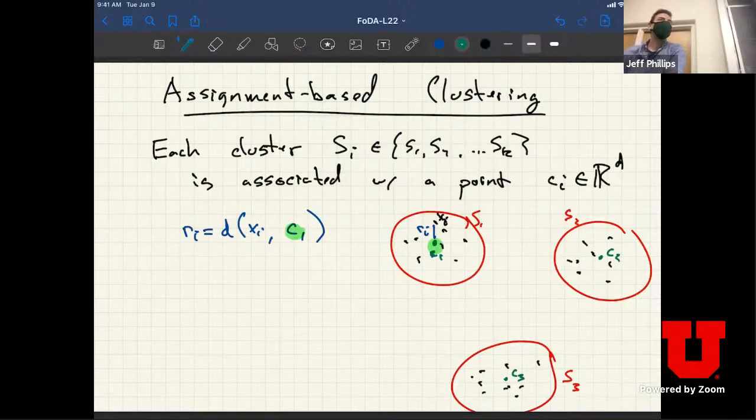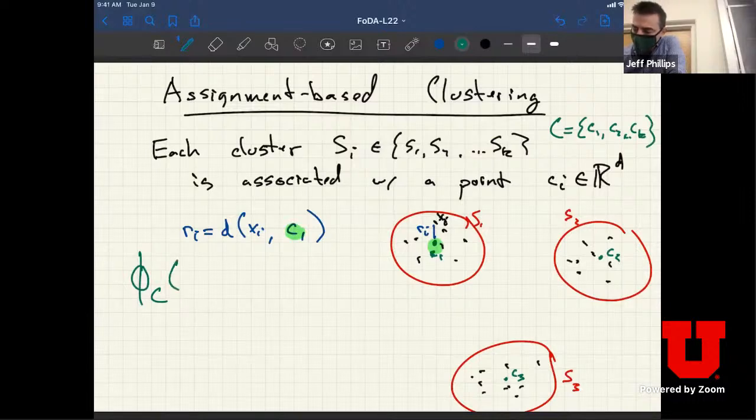Okay, and in order to define this, we do something like a projection. It's like when we projected every data point onto the low-dimensional subspace. We're doing that now, except we're projecting onto a set of these points. So I'm going to define a function here, phi_C, where C is the set of the centers, C1, C2 up to CK.